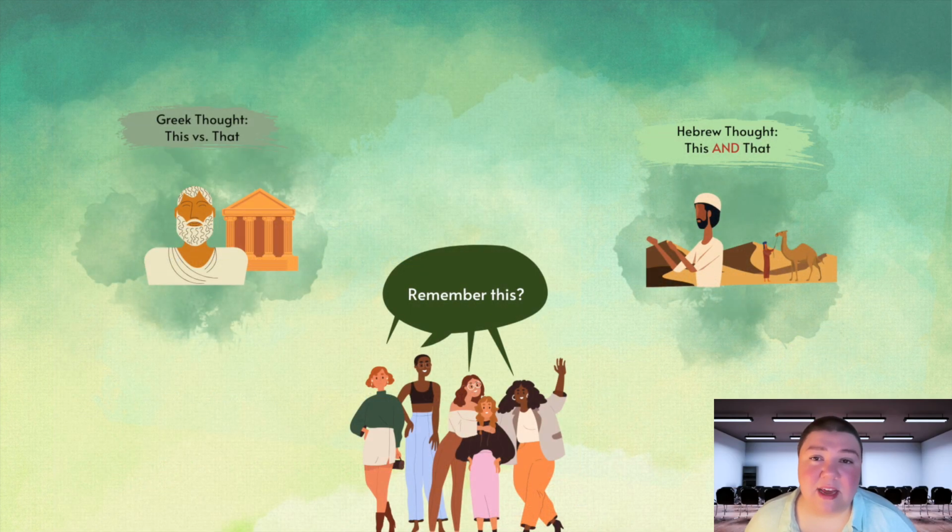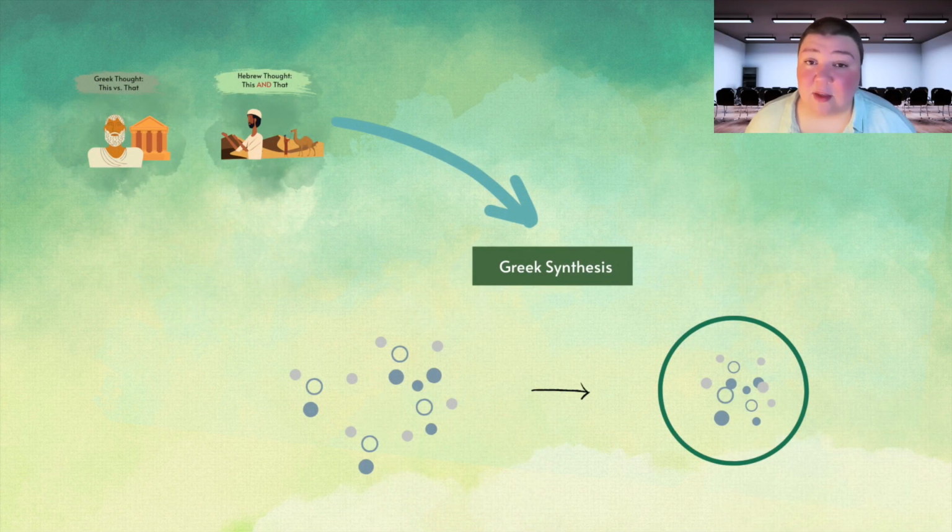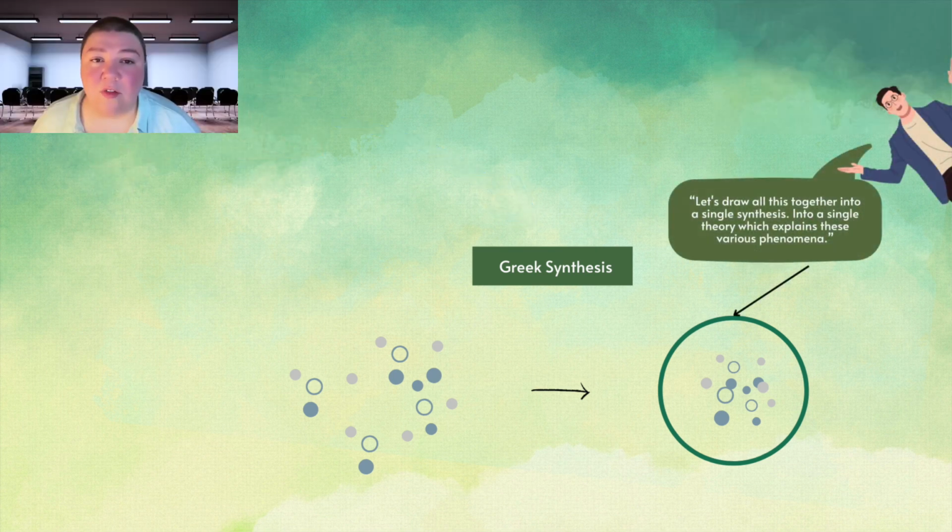We've already looked at how the Greek mindset is this versus that, while the Hebrew is more this and that. Well, another related difference is that the Greek mindset sees this thing and this thing and this thing in the world around them, and then says, let's draw all this together into a single synthesis, into a single theory which explains these various phenomena, gathering all into one place.